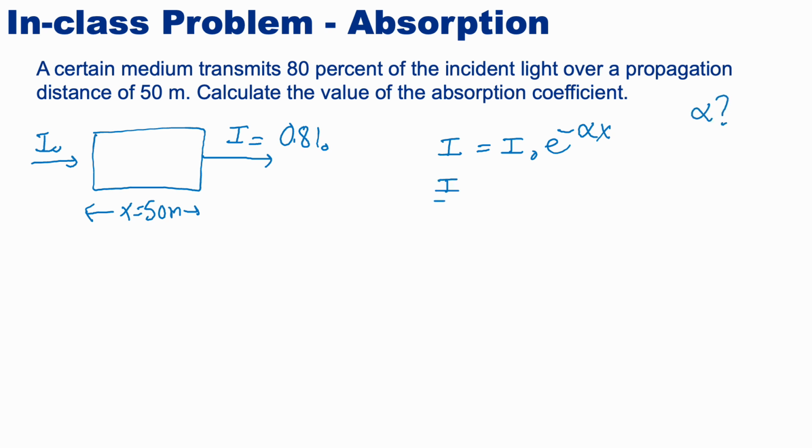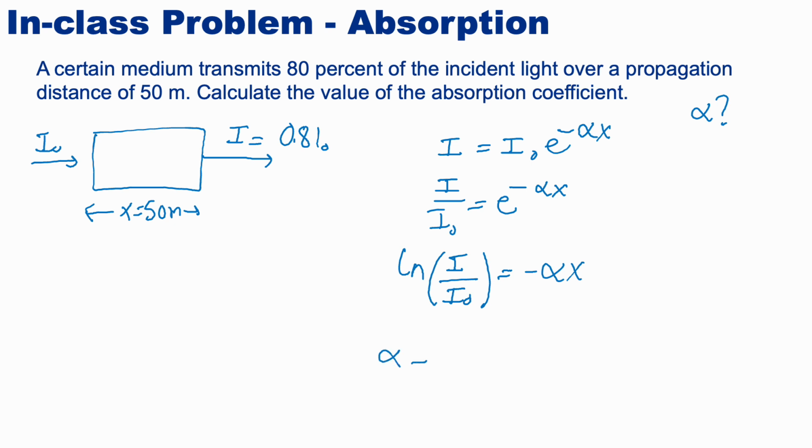So we take the ratio of the intensities, which is equal to the exponential of minus alpha x. So the natural logarithm of the intensities is minus alpha x. I can make alpha positive by changing the order of the intensities, and then because we have x, we divide by x.